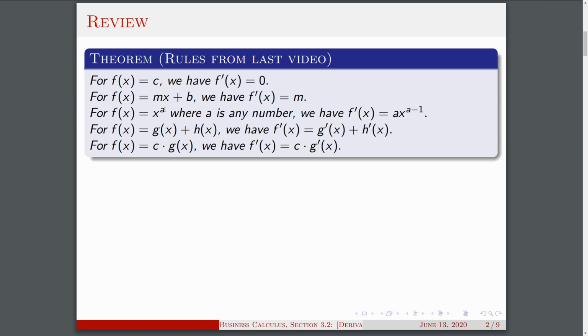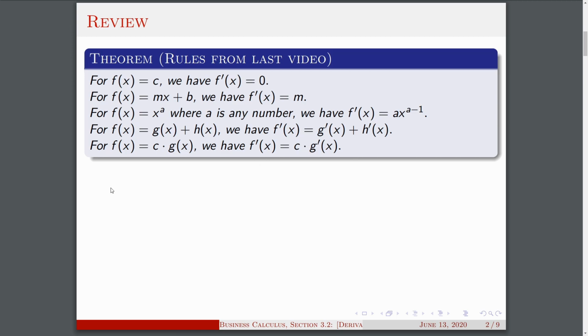If we have x to some power, then the derivative is that power times x to 1 less of that power. If we have a sum of two functions, then the derivative will be the sum of the derivatives. And if we have a constant multiple of a function, then the derivative will be a constant multiple of the derivative.